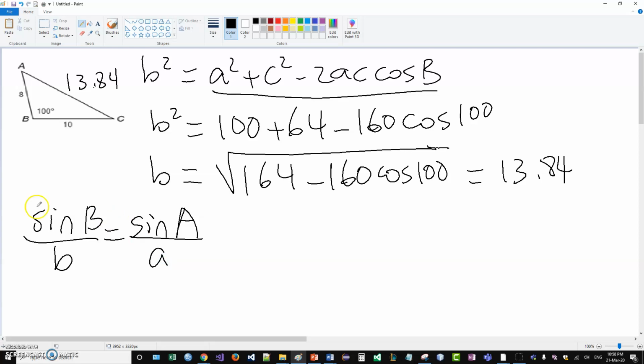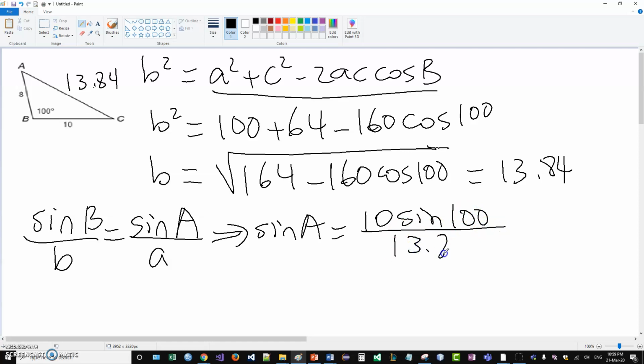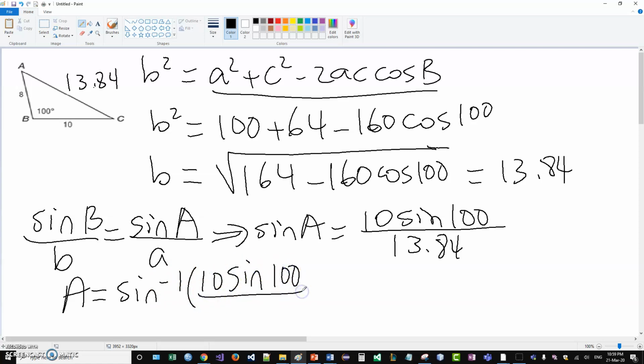We have a, we have b, we have sine B, so we can find sine A. Sine A equals a times sine B over b, so A equals sine inverse of 10 sine 100 over 13.84.